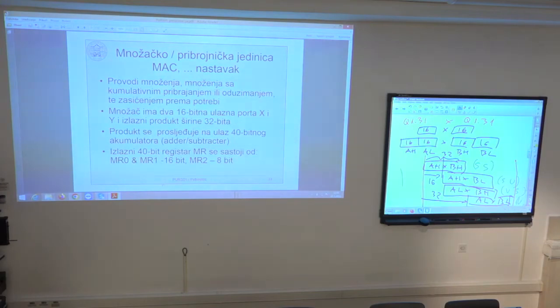Okay. The multiplier has two 16-bit input ports, and the output is 32 bits wide, which can be forwarded to this adder-subtractor that accumulates the results into a 40-bit result. And the final register, the result register, is composed of 3 registers, MR0 and MR1, which are aligned with the 32-bit product, and MR2, which is an extension of 8 bits.